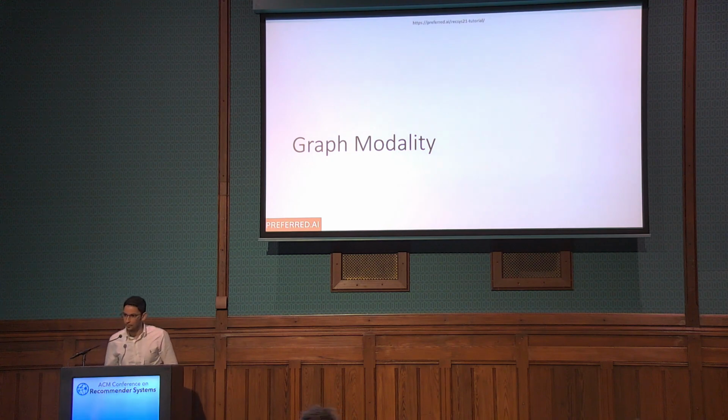Okay, so we will talk about the graph modality. We will take a different approach in presenting some of the works that are leveraging this modality. We will try to put a focus more on the main families that make use of this type of side information to improve recommendation.